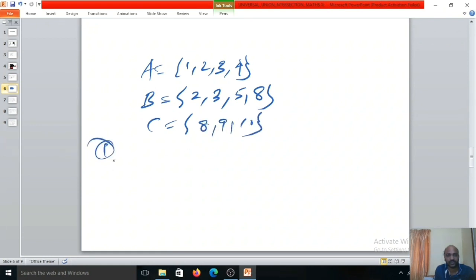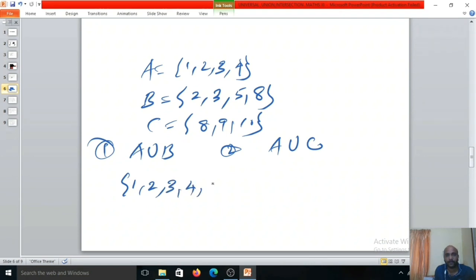Suppose first question is find A union B, and second one is find A union C. What is A union B? You have to write all elements of A and B. So 1 you have to write, then 2, 3, 4, 5, 8. Complete elements of A and B. That is the first question answer.